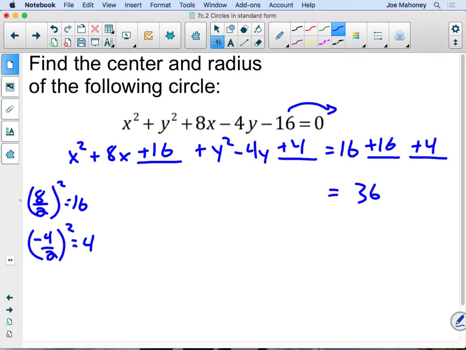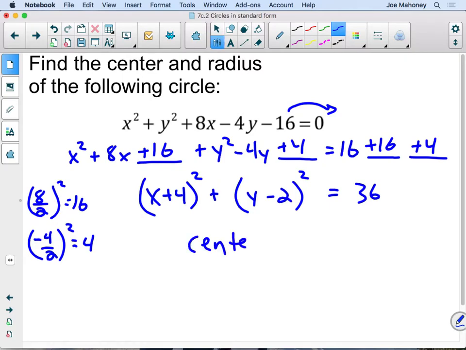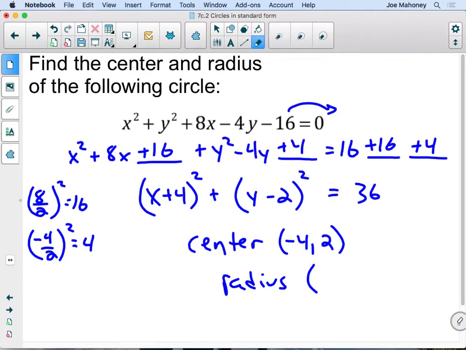On the left side, if I do some factoring, I got x plus 4, squaring that. And then I'll also square y minus 2. Pulling out my center. My center is at the point -4, 2. My radius is going to be the square root of 36, which is 6.